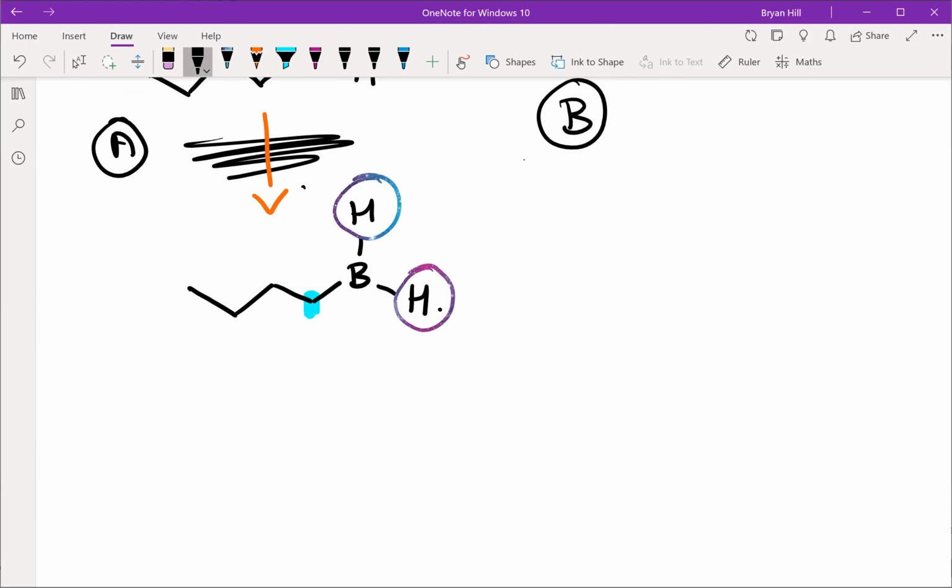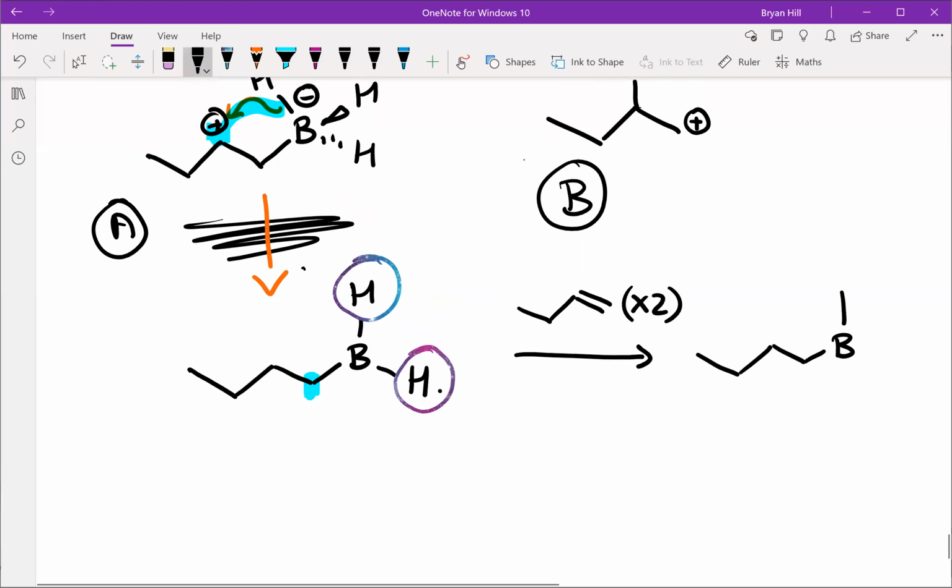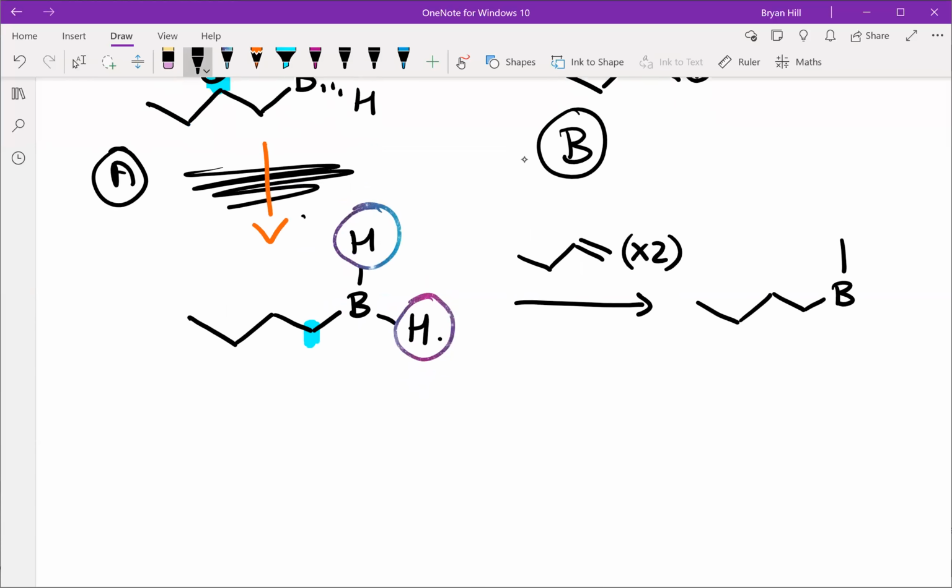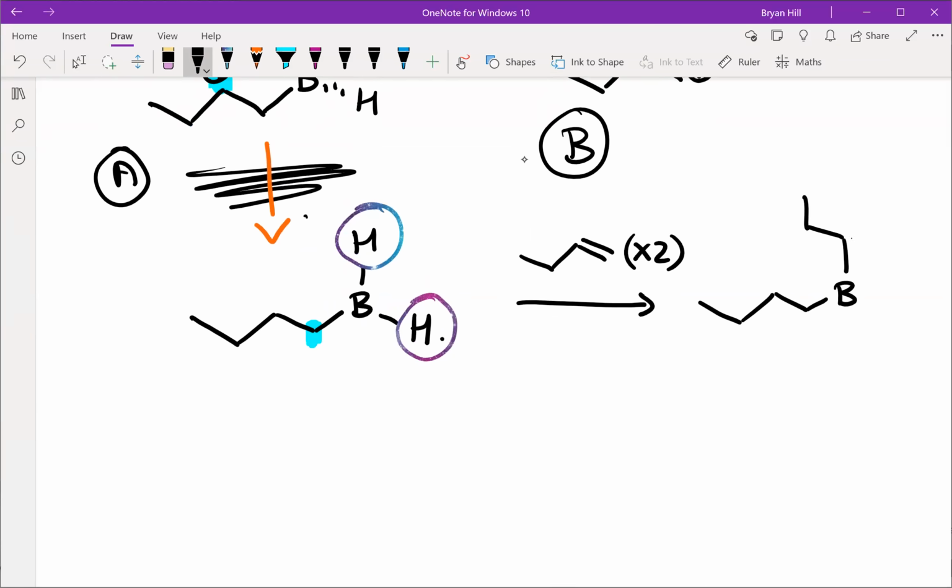So theoretically, this could still react with another molecule of alkene twice. So in the end, you would have something which looks like this. You could have this, we'll call it trialkyl borane.